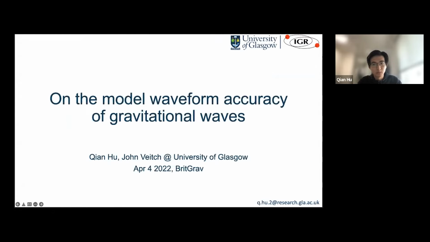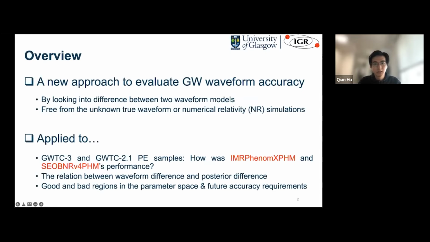So hi everyone, I'm Qian Hu from University of Glasgow. I will present our recent work on the waveform difference and waveform accuracy. We proposed a new approach to evaluate the gravitational waveform model accuracy by looking at the difference between two waveform models. This method is free from the unknown true waveform or numerical relativity simulations.